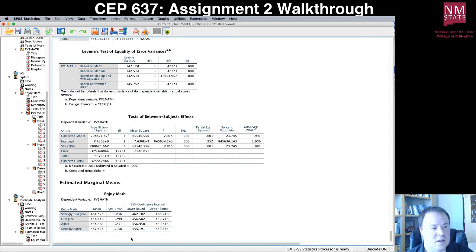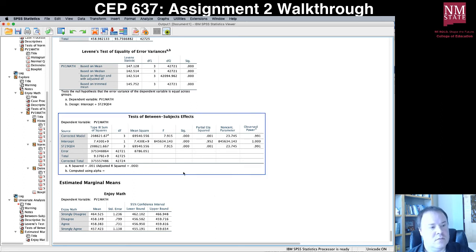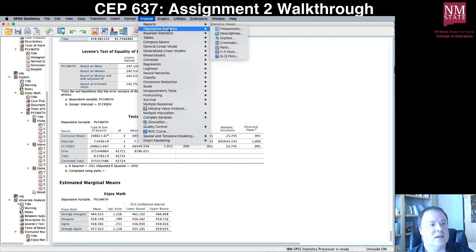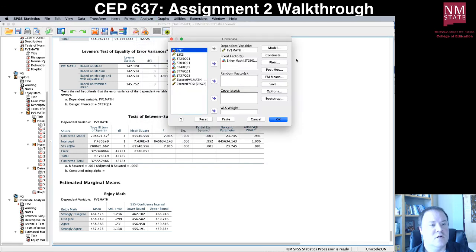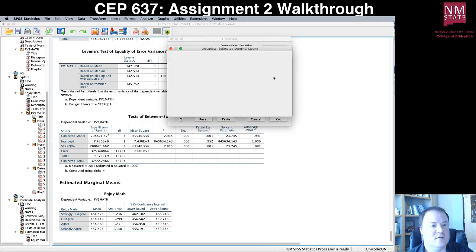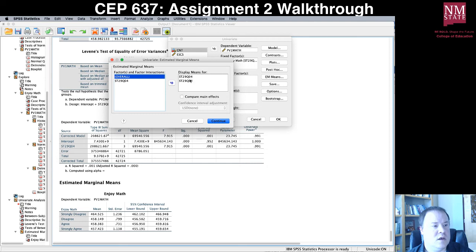And then if we look at the estimated marginal means, I thought apparently it didn't spit out the plot. That's okay. It looks like things are statistically significantly different. Let's actually look at the differences with the post hoc analyses, and I'm going to show you what I mean.